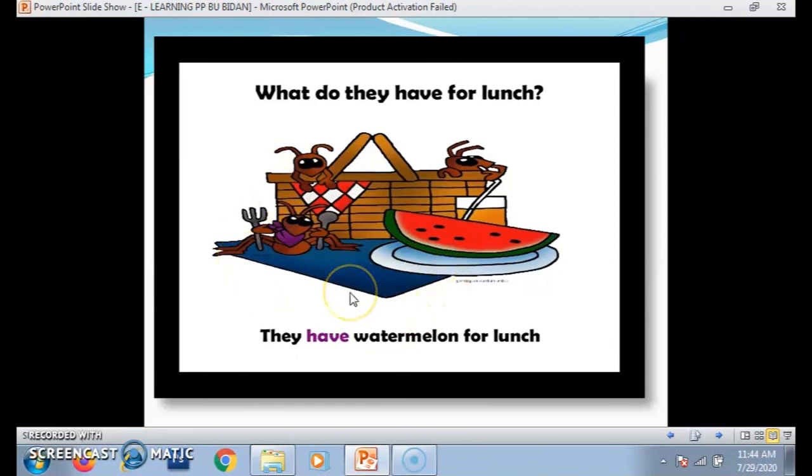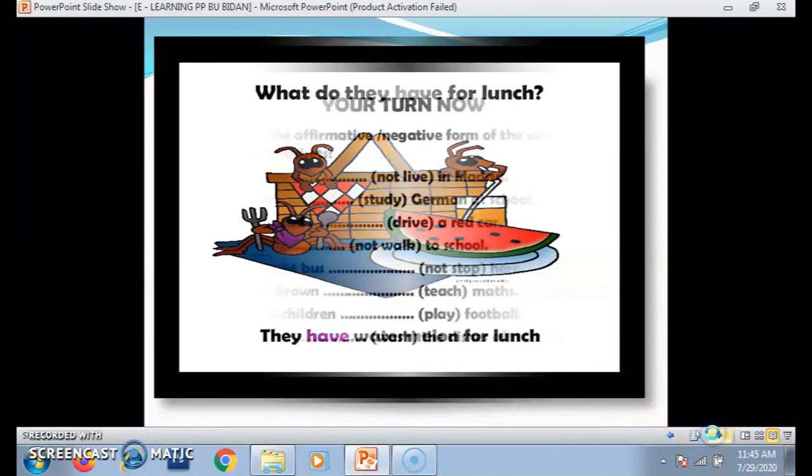What do you think about your subject today? Do you think it is difficult? Do you think it is hard for you to learn about simple present tense? I'm sure you can. Okay?